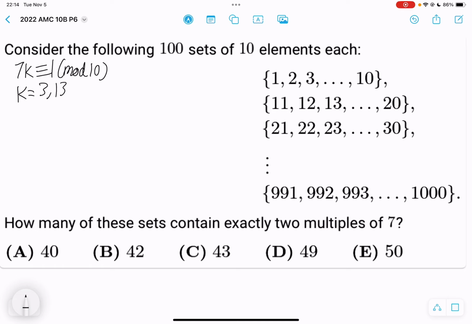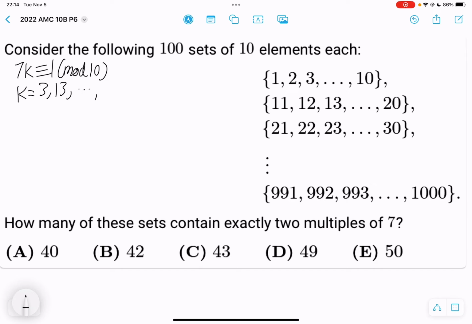There's 3, 13, etc. all the way to, well, we know that 103 times 7 is 721. And 113 times 7 is 791.